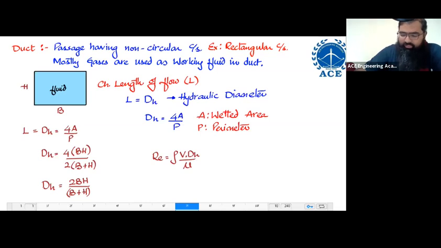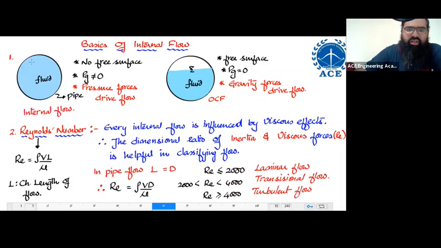So this is regarding the second point. The first point I defined was what an internal flow is and its basic characteristics. Many more characteristics are there which we'll discuss as we go forward. Second, I told you there is a very important number which classifies the flow, known as the Reynolds number, the dimensionless ratio of inertia to viscous force.